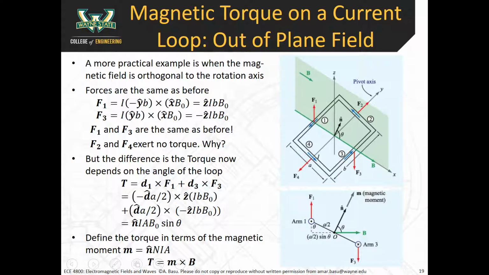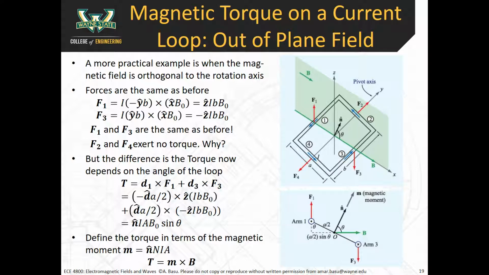And as you'll see, when the angle is equal to 0 degrees or 90 or 180 degrees, the torque is going to end up being 0. All right. So when that force becomes 0, the motor stops turning. It just turned a half a turn.